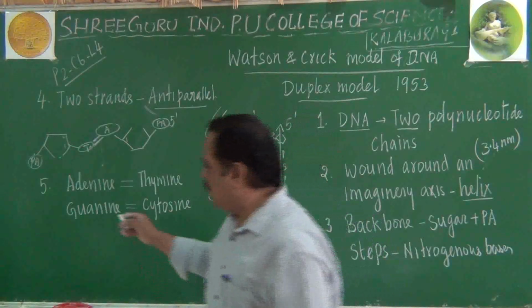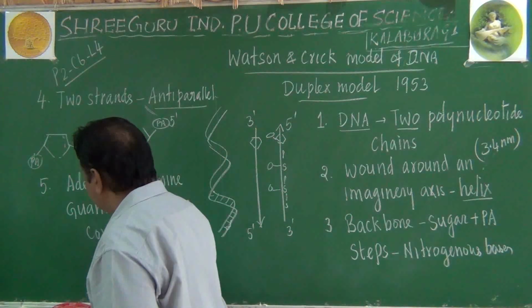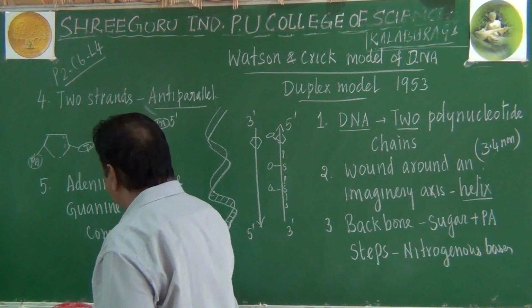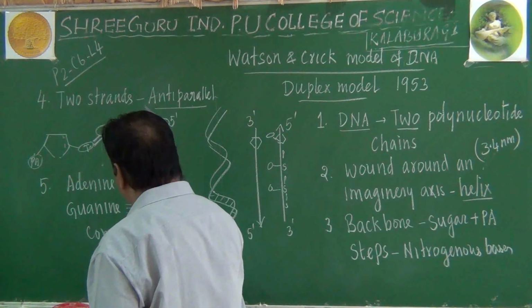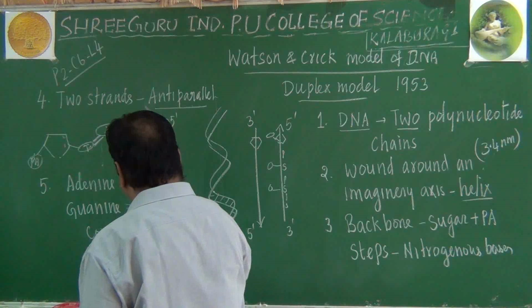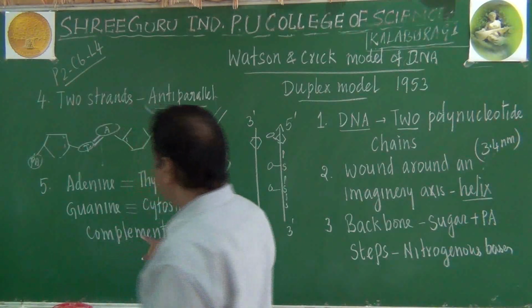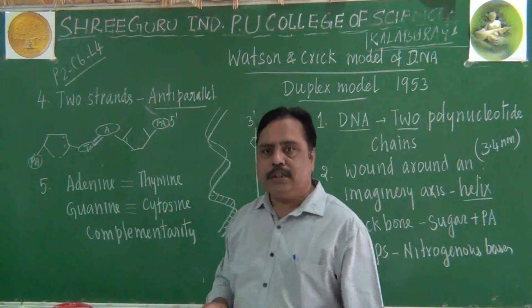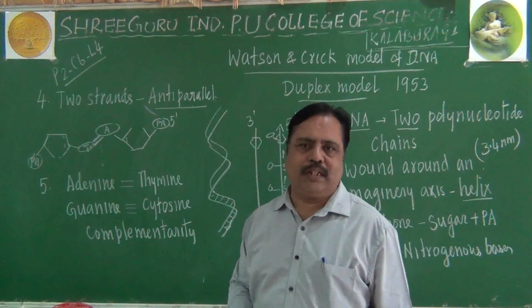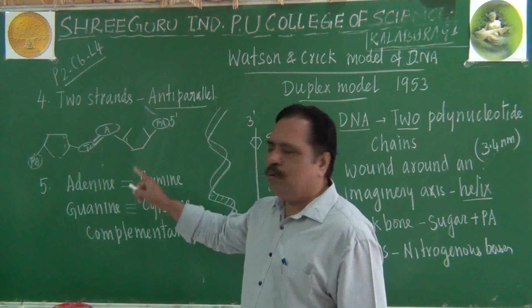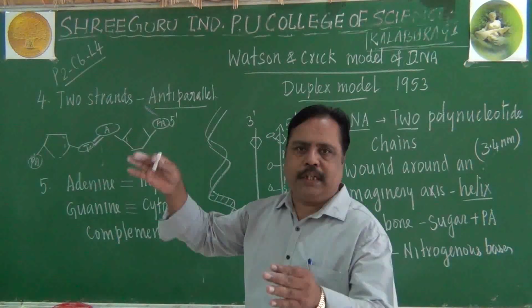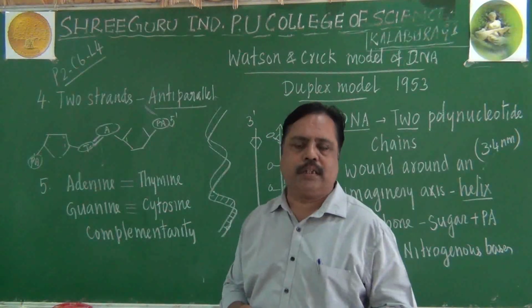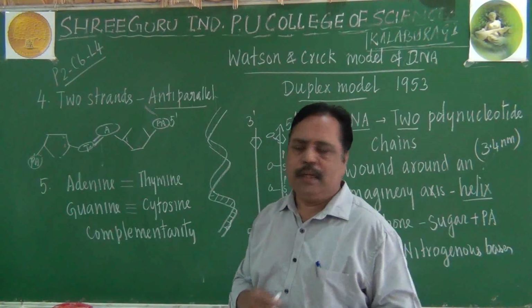That is called complementarity. Watson and Crick introduced the idea of complementarity here. By introducing the idea of complementarity, they obeyed Chargaff's rule also. Try to get this point. They have proved their model is obeying the experimental evidence proposed by Chargaff.